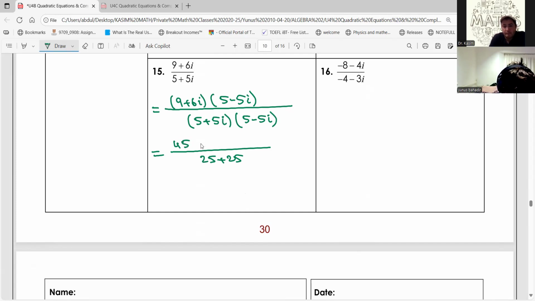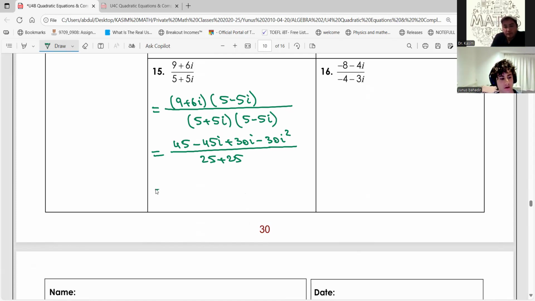So over 50. Is that 4 over 3? It was 75 over 50. Both numbers are divisible by 25, right?